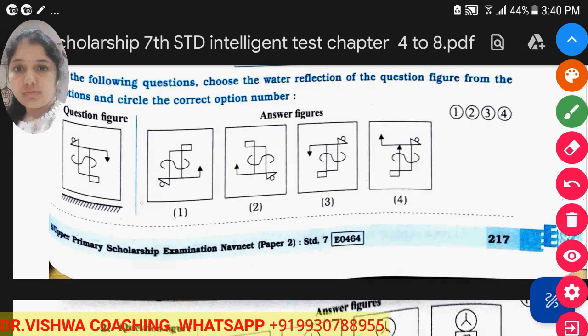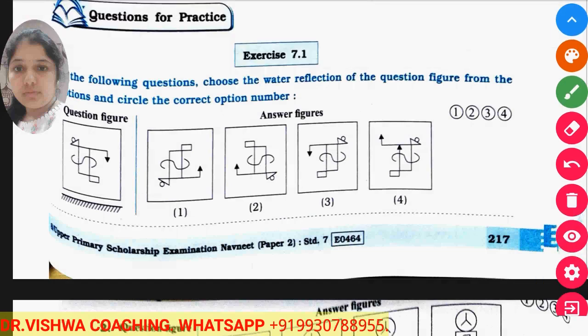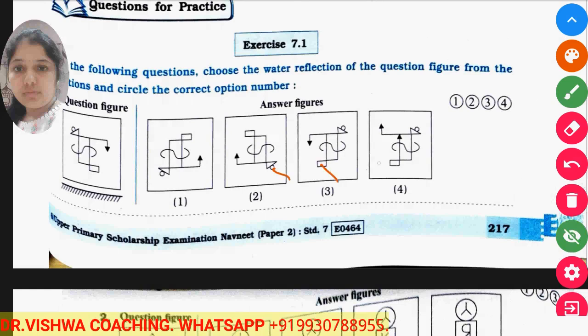In the given options, this is a triangle that looks like a diya. This diya will remain on the left side only. So we will identify the figure which has the diya on the left side. If you look carefully, figures 2, 3, 4, 5 all show a change in the direction of this diya. So this is not your answer. Your answer is option number 1.